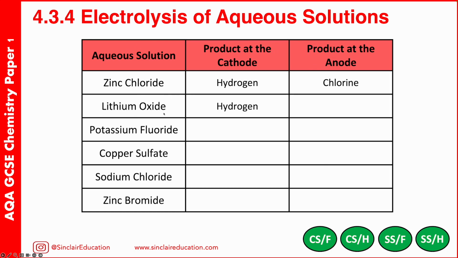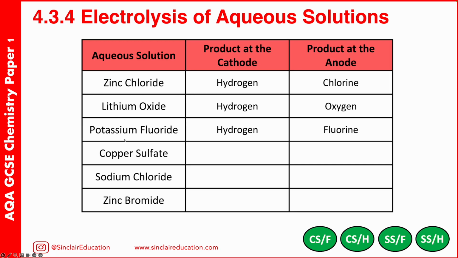And oxide, no, it's not a halogen, but it's oxygen, so we will make oxygen at the anode. For the next one, potassium fluoride, well, potassium is more reactive than hydrogen, so we'll make hydrogen. And fluoride is a halogen, so that'll be made at the anode.